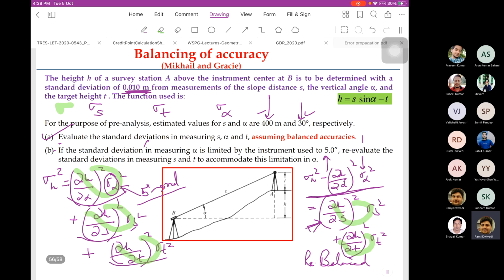So you have to overcome the low grade quality instrument for angular measurement which you have in your office. Now you will see whether you would be able to achieve this new sigma s or sigma t by compromising for sigma alpha. If yes, then you can say yes to your client that we'll do it.